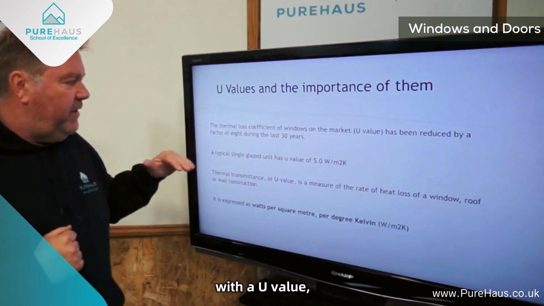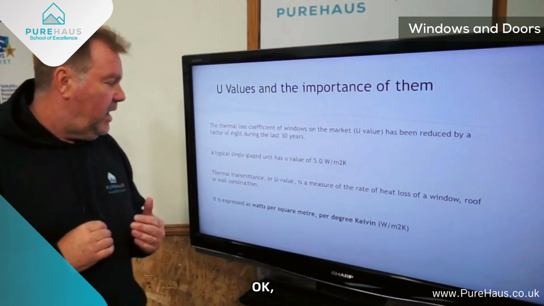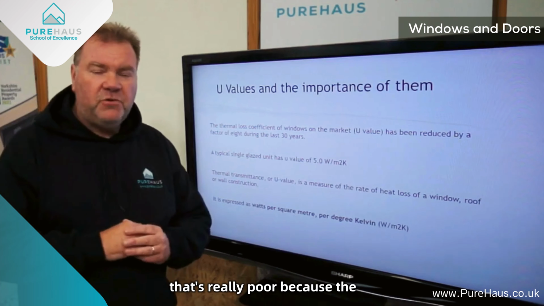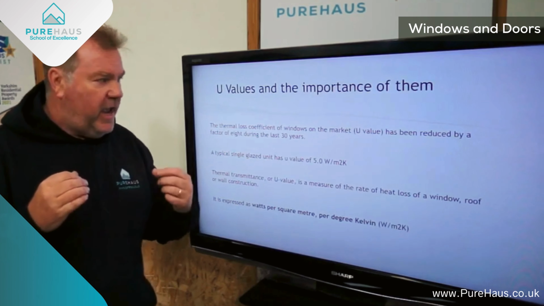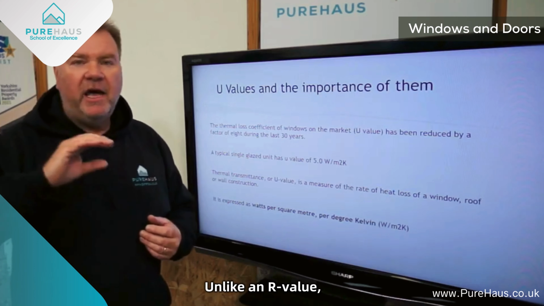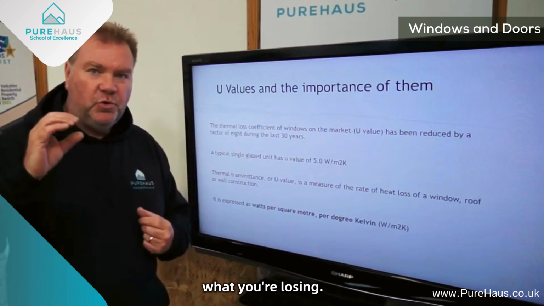Now, with a U value, the lower the U value, the better. So if you've got a U value of 5, it's really poor, because the value is how much you're losing, not how much is being retained. Unlike an R value, which tells you what's being retained, it actually tells you what you're losing.